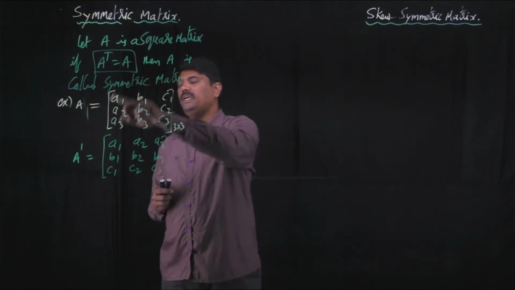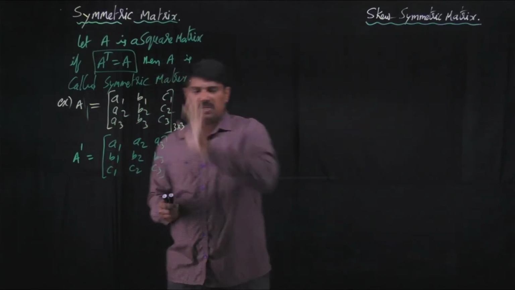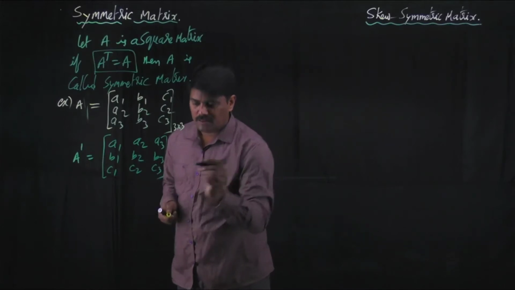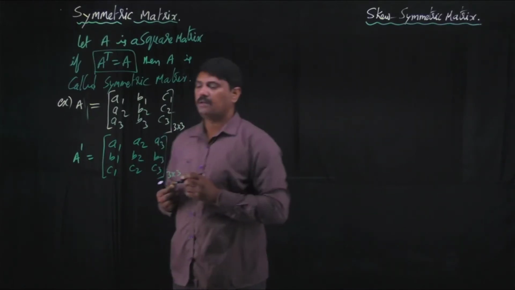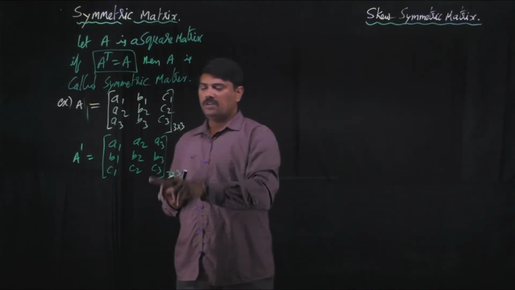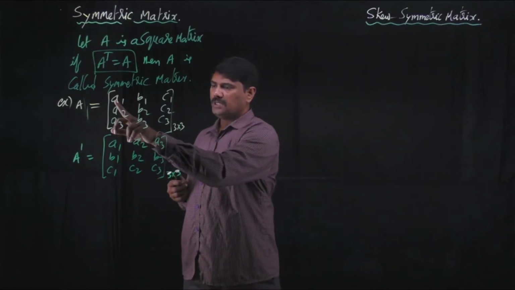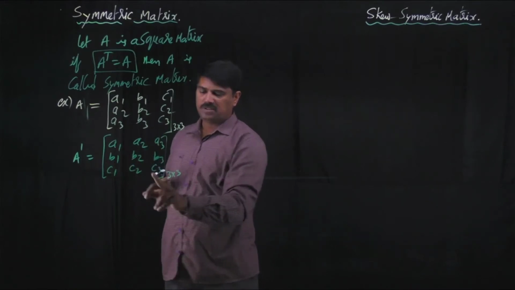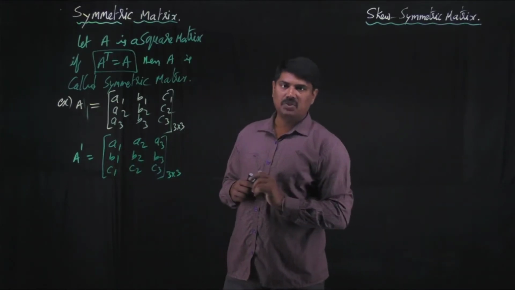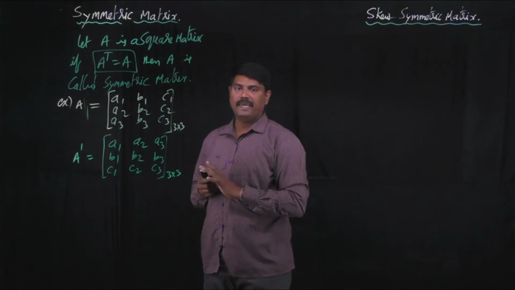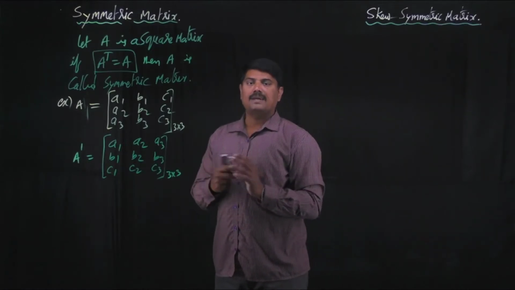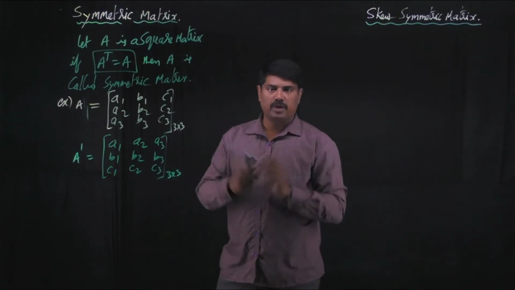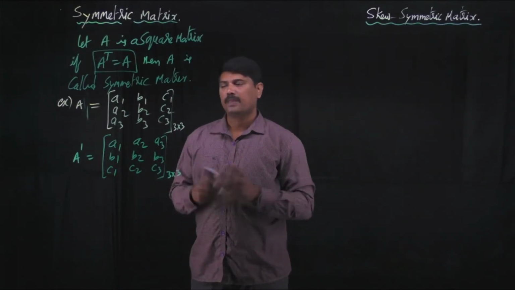Our observation has to be that even after transposing, these two have to be equal. After transposing, if you observe the positions of a1, b2, c3, the diagonal elements don't change their position. That's why, to give an example of a symmetric matrix, you can consider the diagonal elements of your choice.